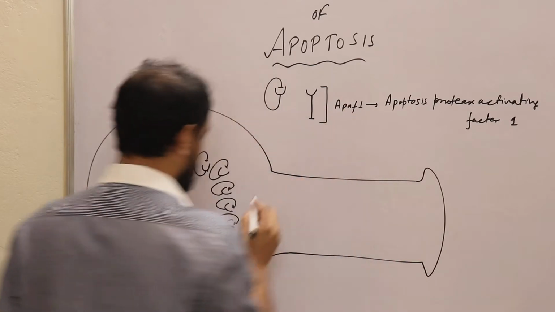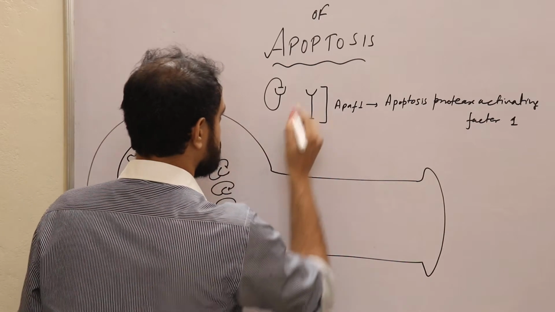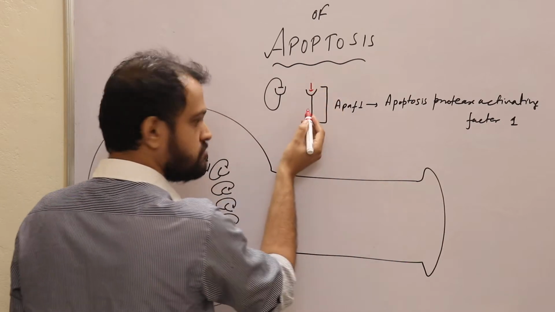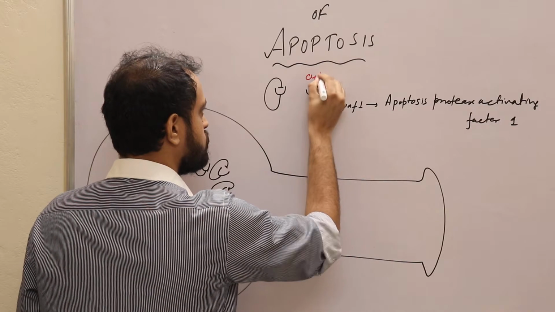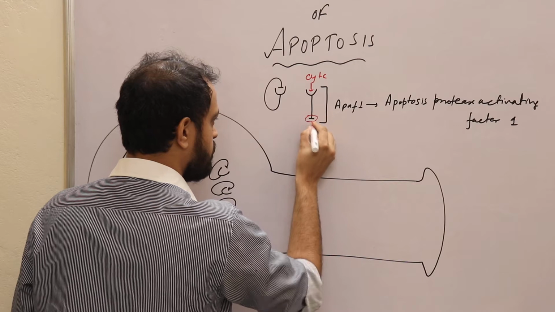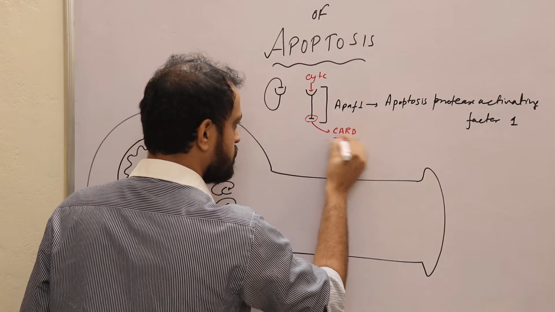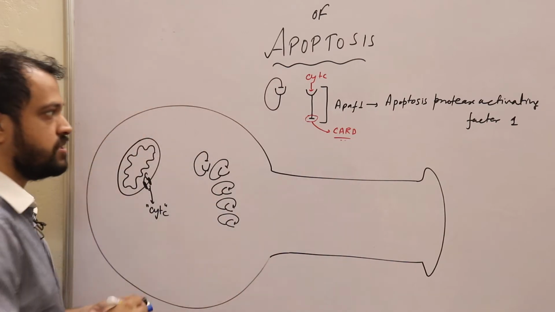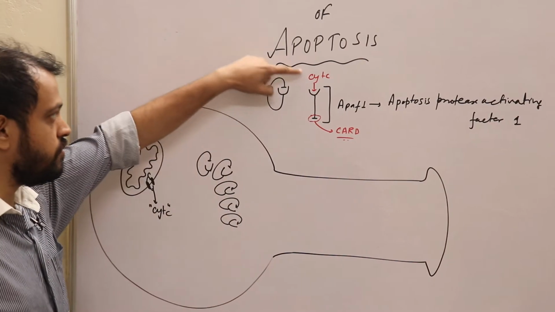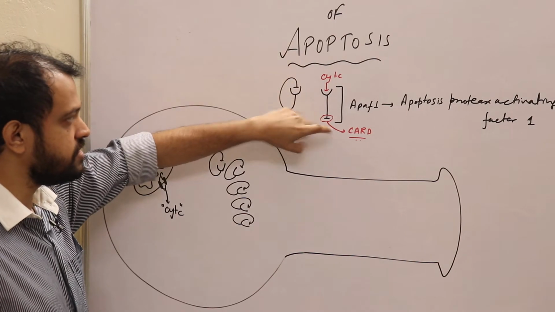Now listen, a very important point to understand is, in this domain cytochrome C sits, and this domain is known by the name of CARD domain. Okay, so there are two domains, and in one of the domains cytochrome C sits, and this is called the CARD domain.